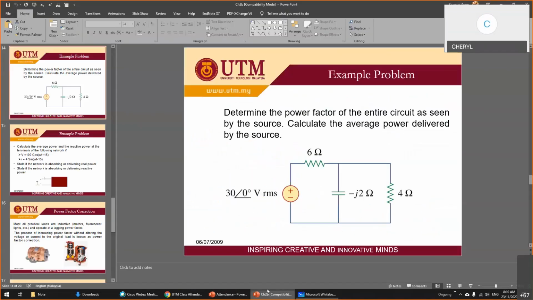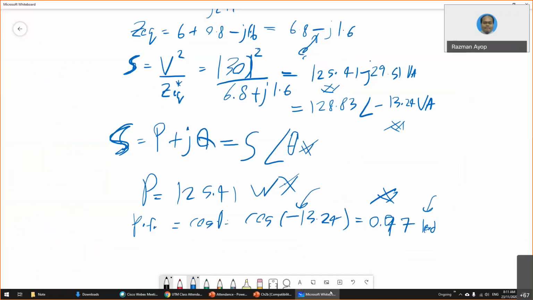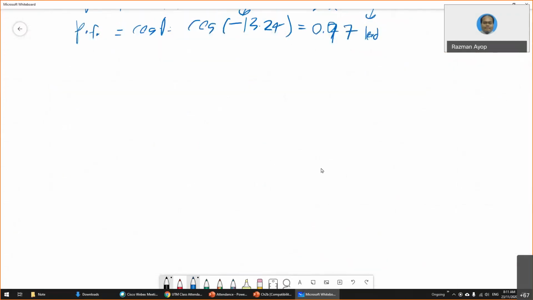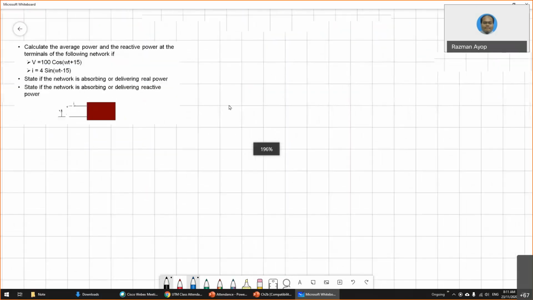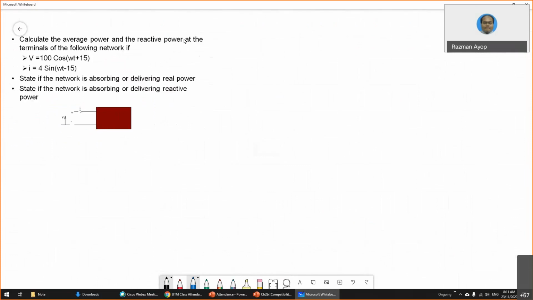Okay, so we look at the second example. Calculate the average power and reactive power at the terminal of the following network.